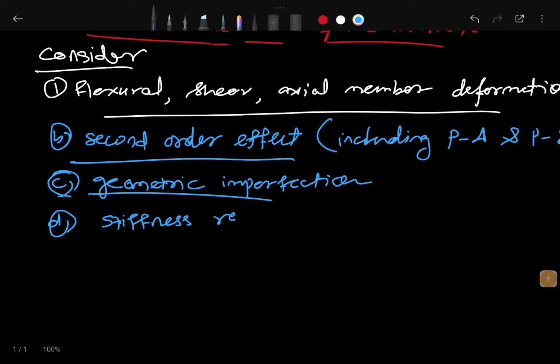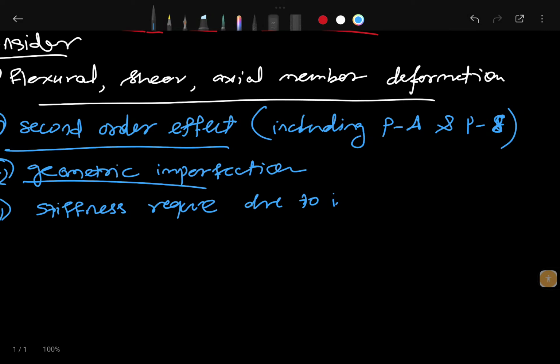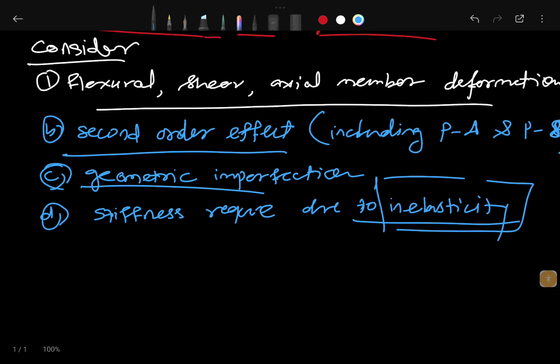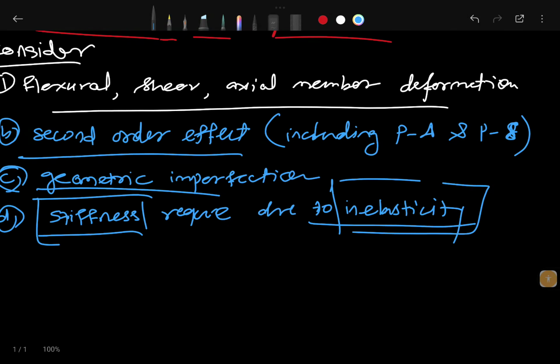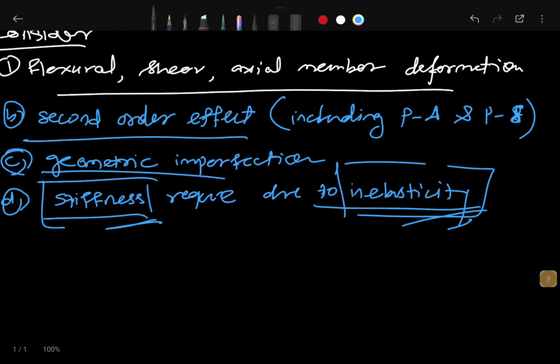If the member does not remain elastic, the stiffness also reduces, the structural flexibility is affected, and the structure will collapse. So this is a very important point.